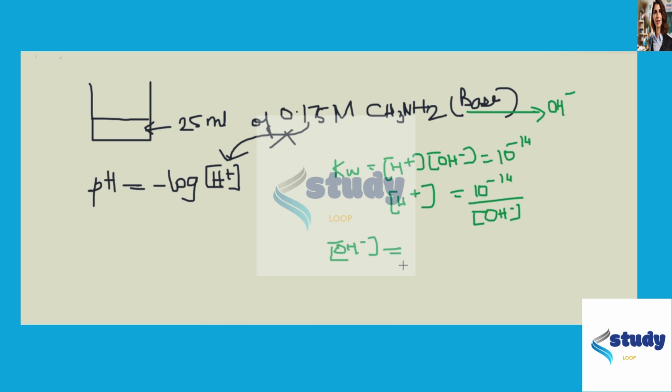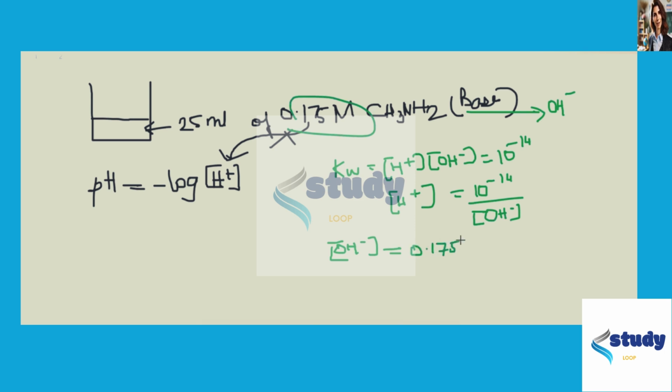So you have to find the concentration of the OH- ions, which is pretty simple because you have 0.175 over here.